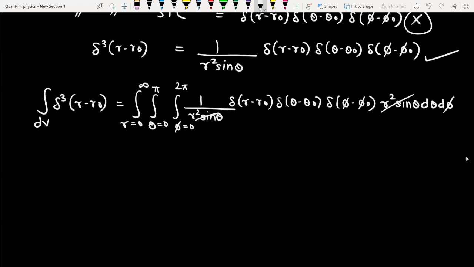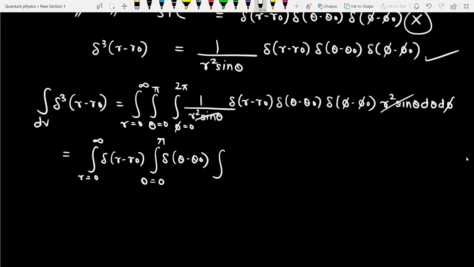This r square sine theta cancels off, so the individual integrations you can write as r from 0 to infinity of del of r minus r naught, then theta from 0 to pi of del of theta minus theta naught, and phi from 0 to 2 pi of del of phi minus phi naught, and each individual integration, as we all know, will be 1.